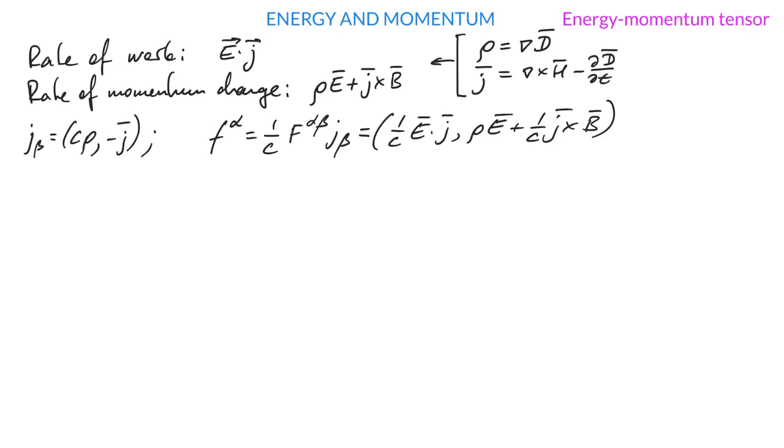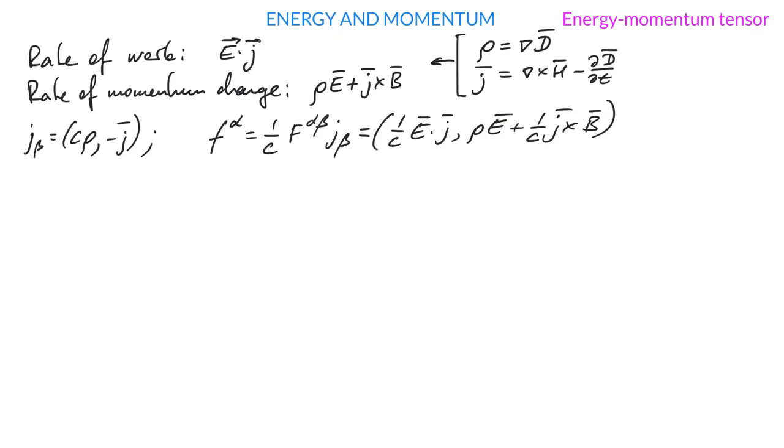So the structure of this is expected from the structure of the energy momentum 4-vector. Remember, that one looks like E over c and p for time-like and space-like components. So here the correspondence is exactly the same. So we could call this F alpha the 4-vector of the Lorentz force density. Particularly its space-like part is exactly that, the density of the Lorentz force.